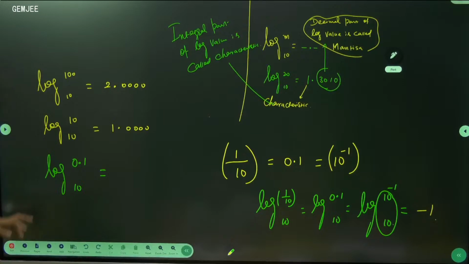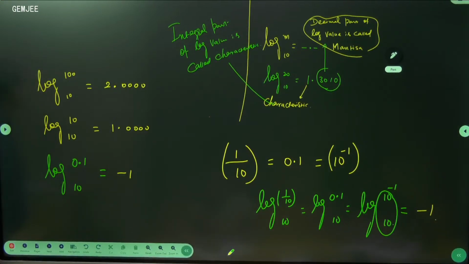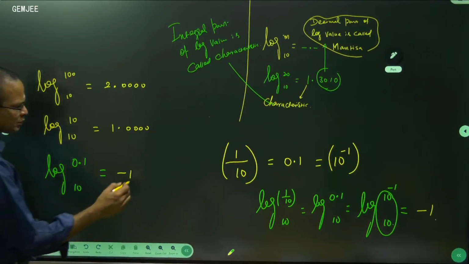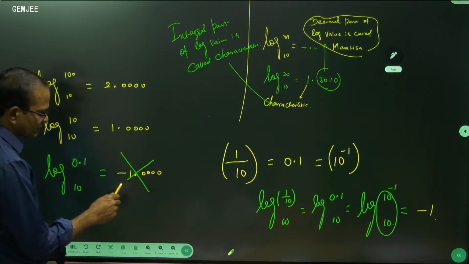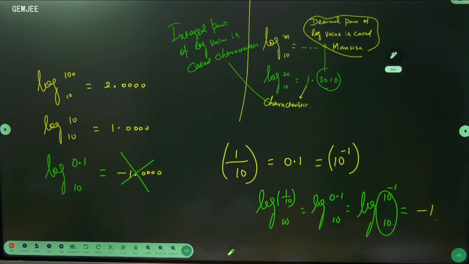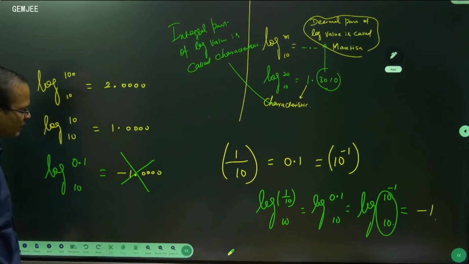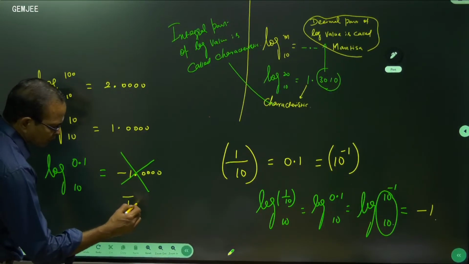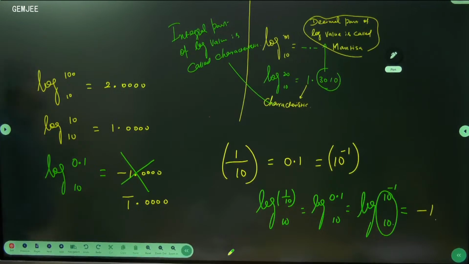புரியுதல்லையா? அப்போ log of 0.1 எவ்வளோ? -1. புரியுதில்ல? -1.000. ஆனால் நம்ம இப்படி எழுதக்கூடாது, as per our rule. As per the rule given by mathematicians, we should not write like that. This is minus, but I should not put the minus sign.